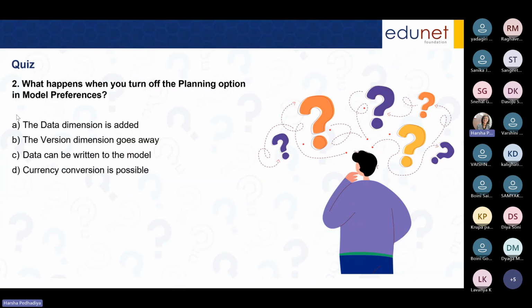What happens when you turn off the planning option in model preference? Date dimension is added, version dimension goes away, date can be returned to the model. What is the answer? In planning model?